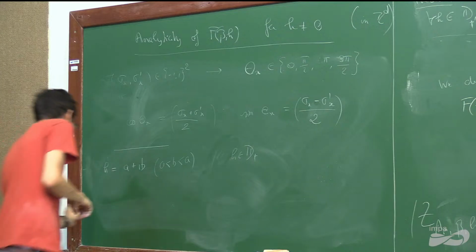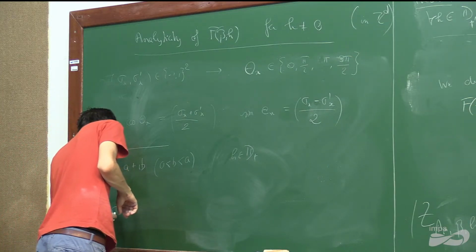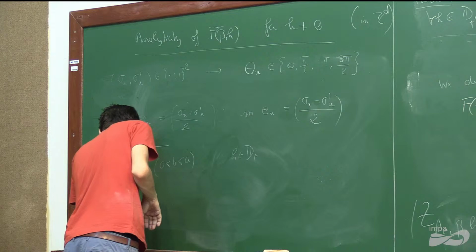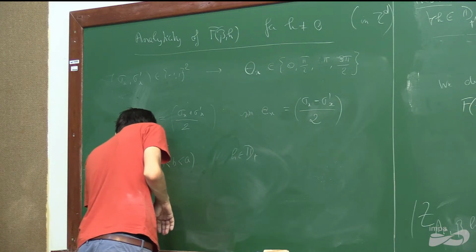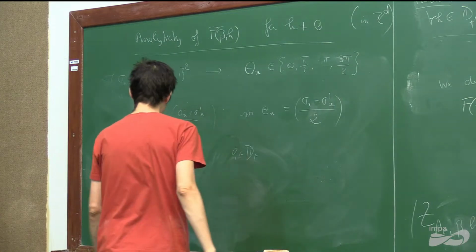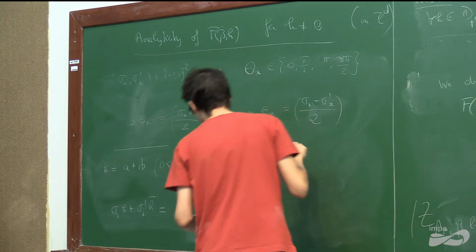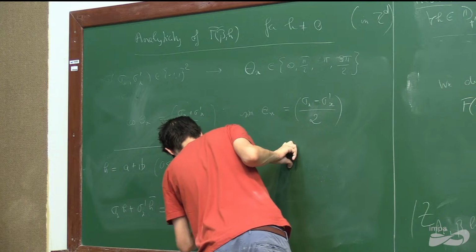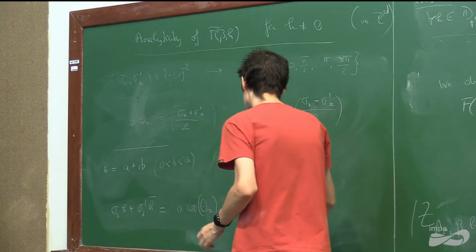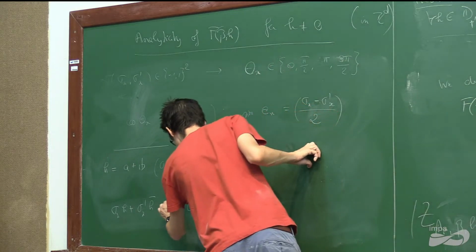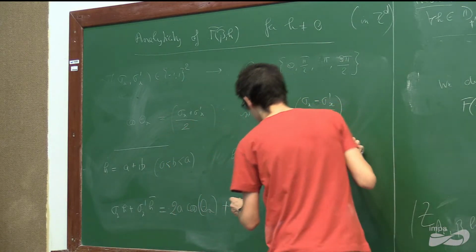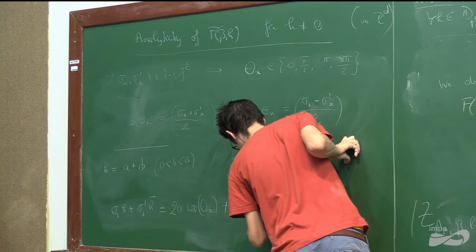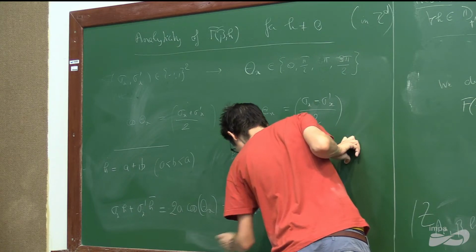Okay, so what we have is that sigma x H plus sigma bar x, sigma prime x H bar is equal to A times cos theta x plus 2A times cos theta x plus 2IB times sin of theta x.